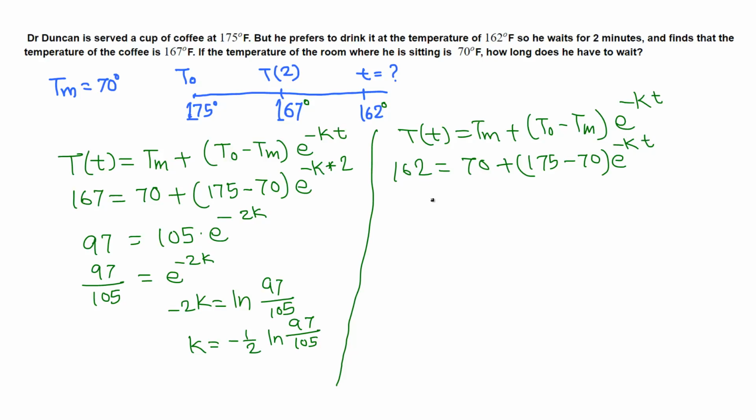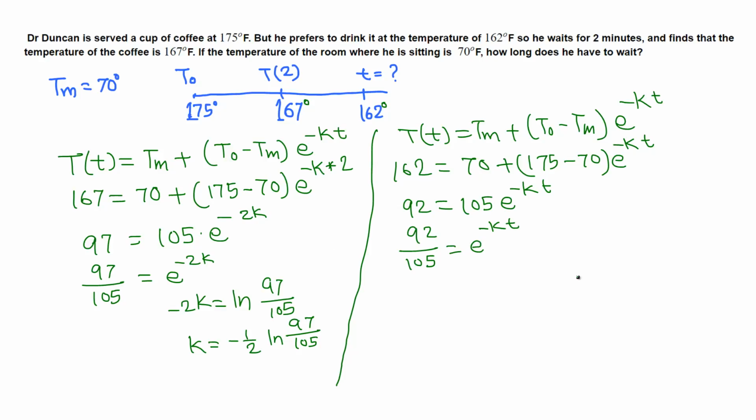162 minus 70, subtract 70, you get 92. This is 105 e raised to negative kt. Divide by 105, and 92 over 105 is e raised to negative kt. Pretty much the same both ways. Take natural log of both sides.